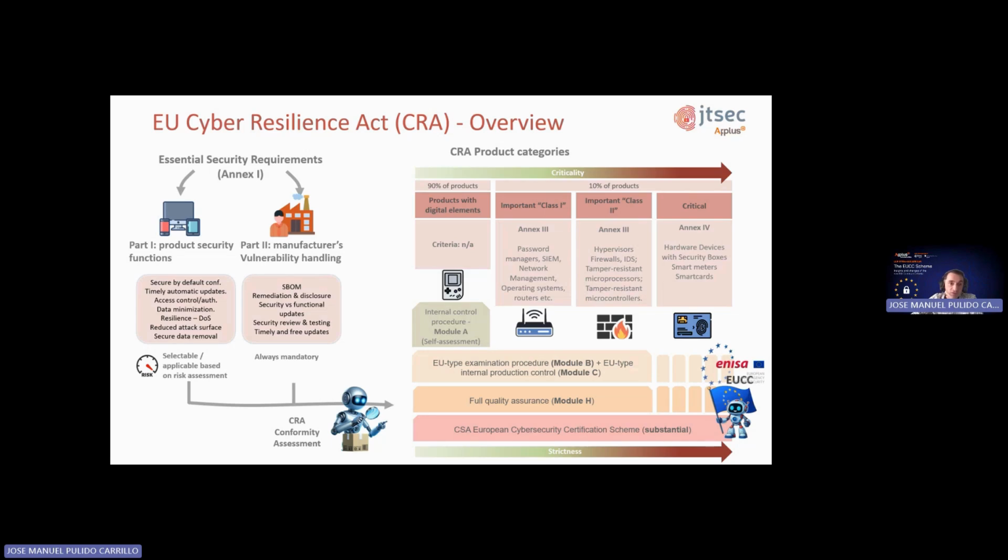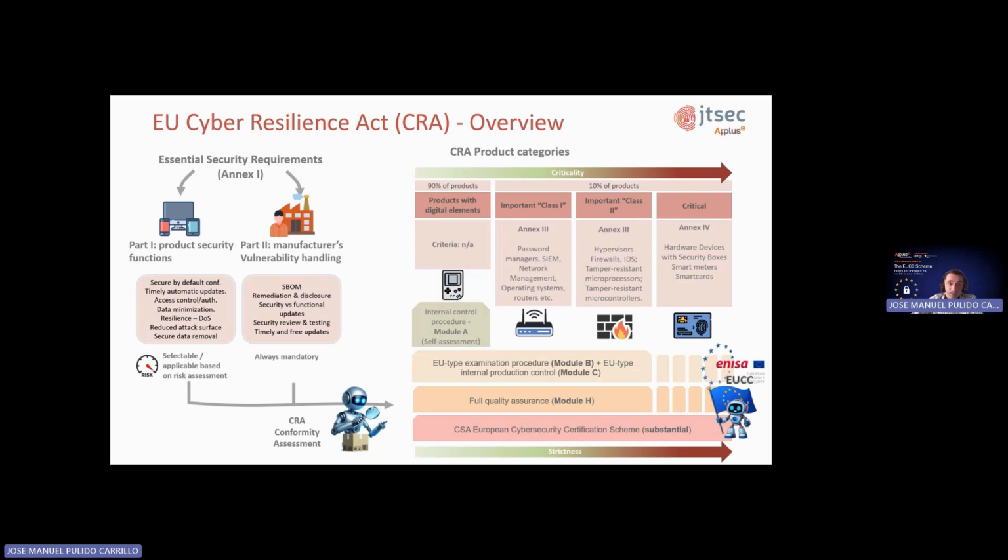Examples are all of those related to the protection of the information handled by it. The particularity of the requirements in this part of the annex is that they could be deemed applicable or not applicable depending on the outcome of the manufacturer's risk assessment.